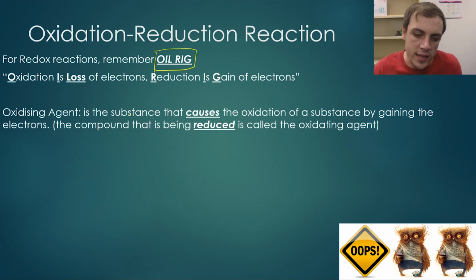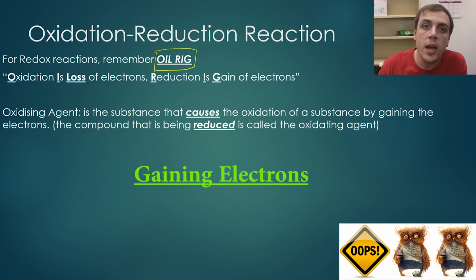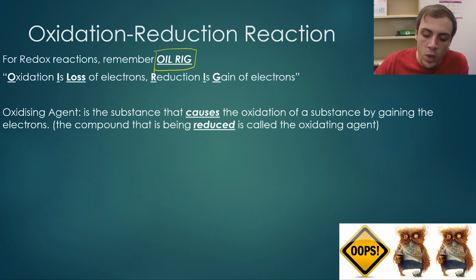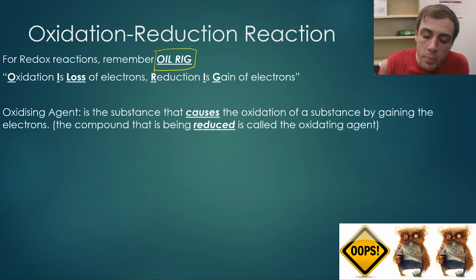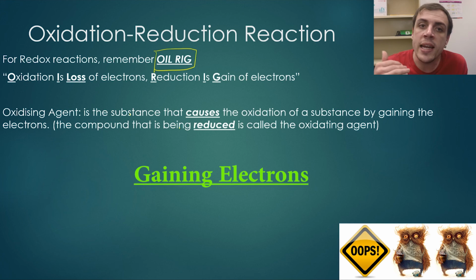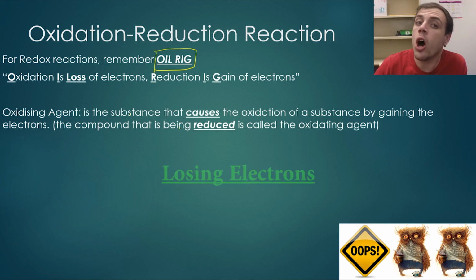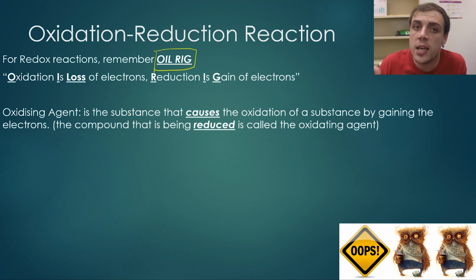And you can think of it like this: if we've got a compound that is being reduced, it is thought of as the oxidizing agent in that if it wasn't there to steal that element or compound's electrons, that particular element or compound could not be oxidized. So because that compound was being reduced, it enabled that compound to be oxidized, which is why the compound that is being reduced is called the oxidizing agent.